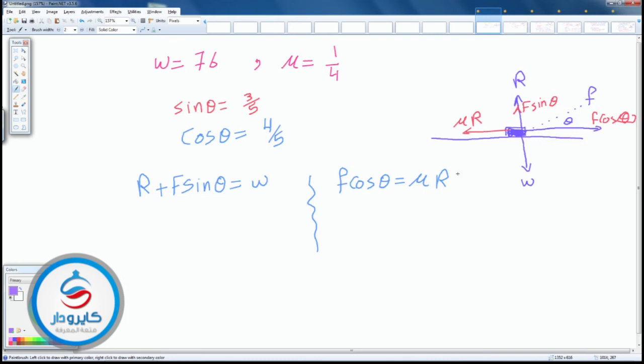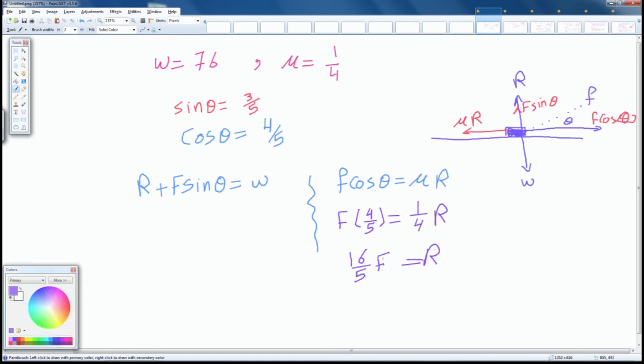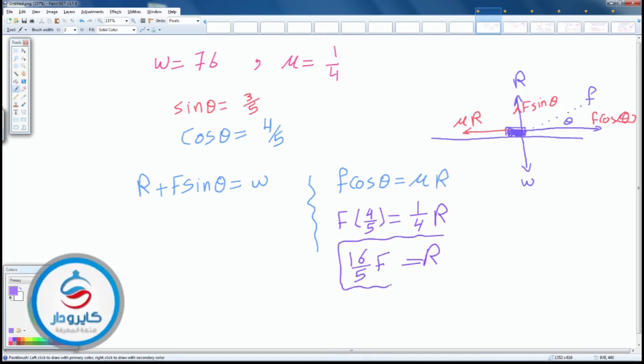Here in the second one, mu is a quarter, this is R, equals F, and cosine theta is 4/5. That means R equals 16/5 F, and this is the relation between R and F.